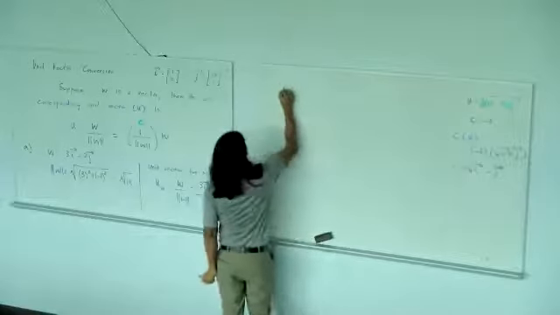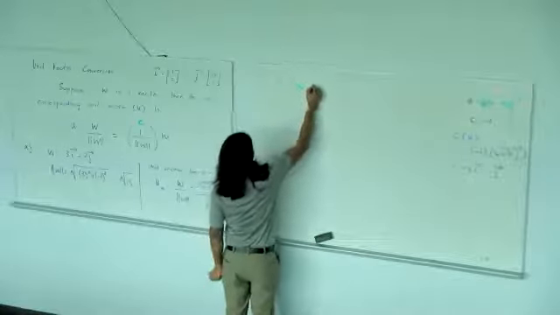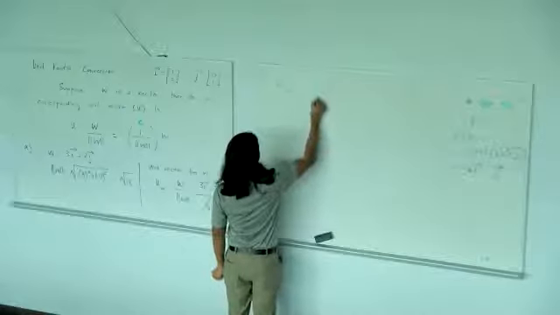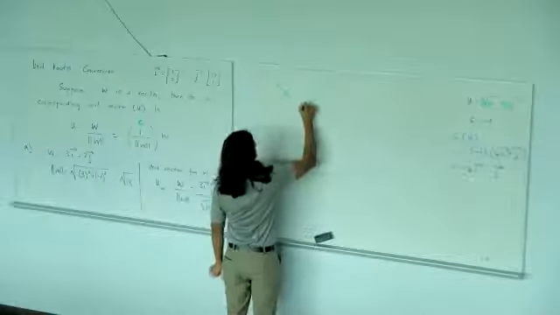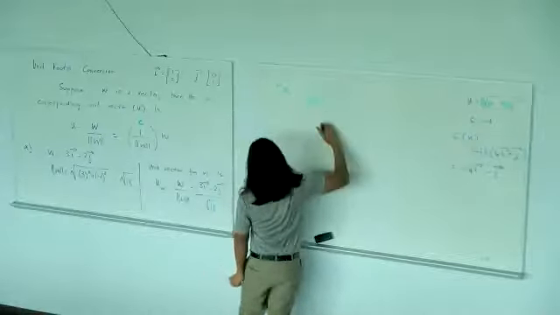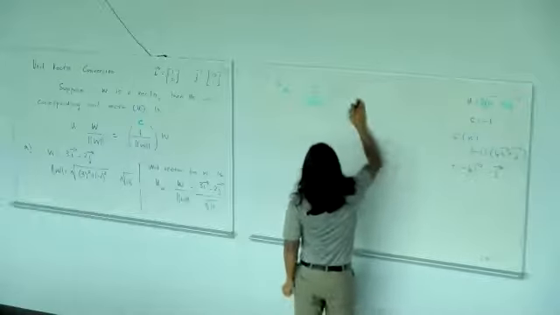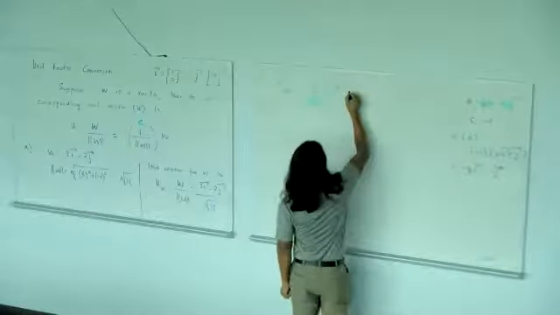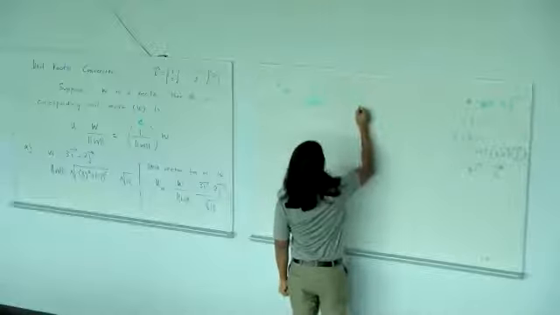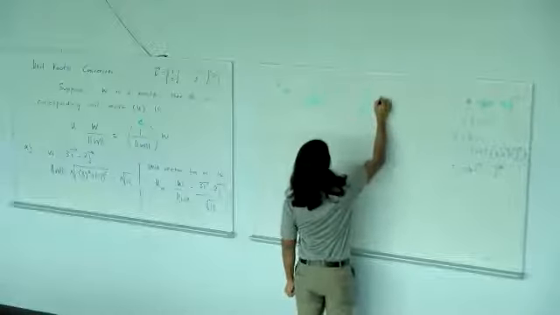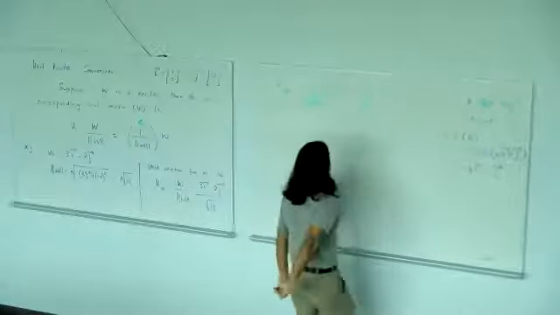So I can write that as 3 divided by square root of 13 I vector, minus 2 divided by square root of 13 J vector.